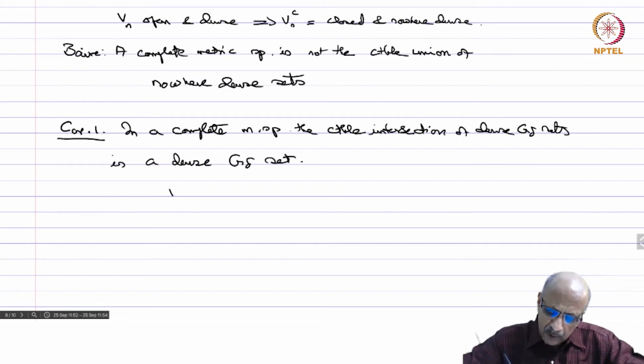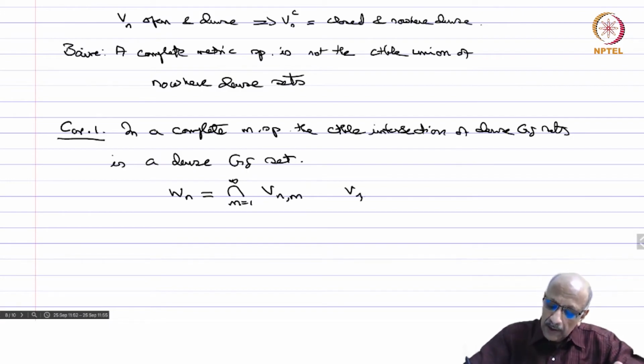So we have W_n dense G delta, which means W_n is the intersection over m equals 1 to infinity of V_nm, with the V_nm open. And since W_n is dense, these are also dense.